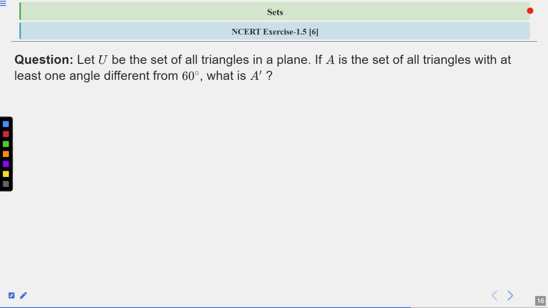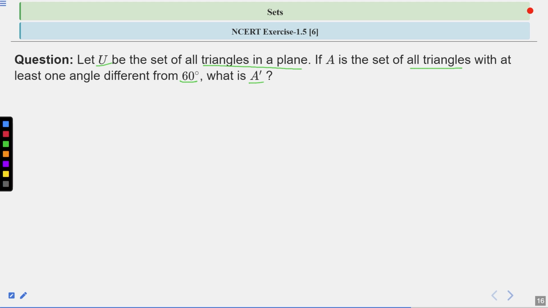This question. Let U be the universal set of all triangles in a plane. If A is the set of all triangles with at least one angle different from 60 degrees, then what is A complement? Simple question.